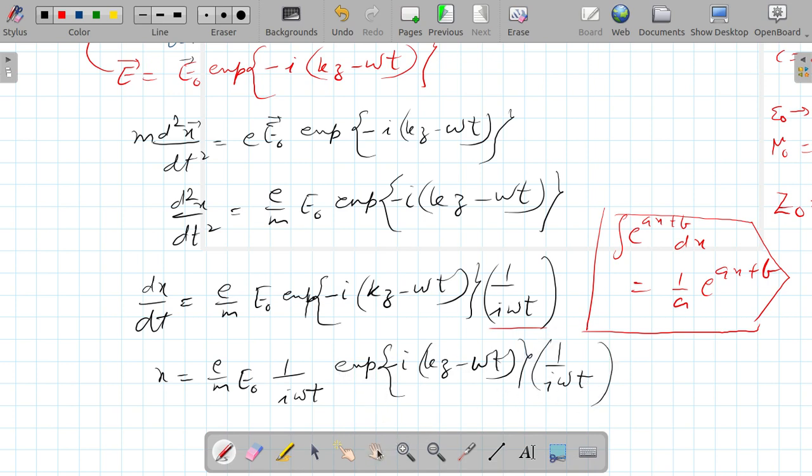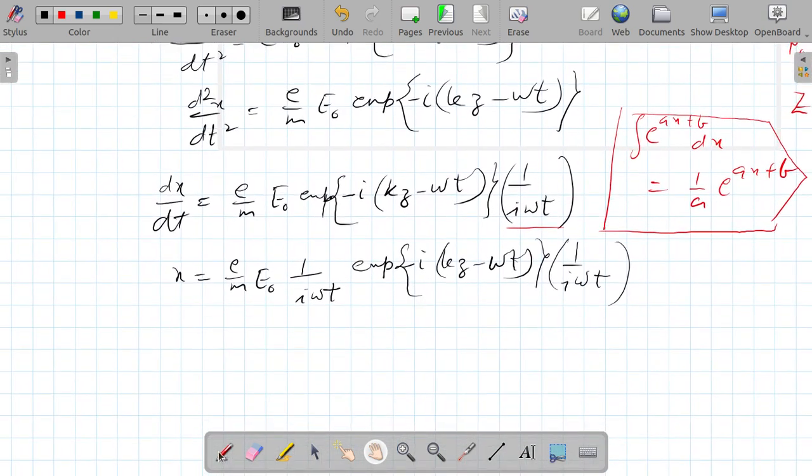So after simplification this will become minus e over m omega square E naught exponential minus iota (kz minus omega t).